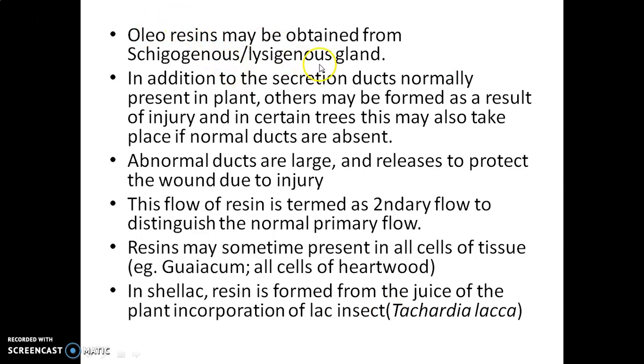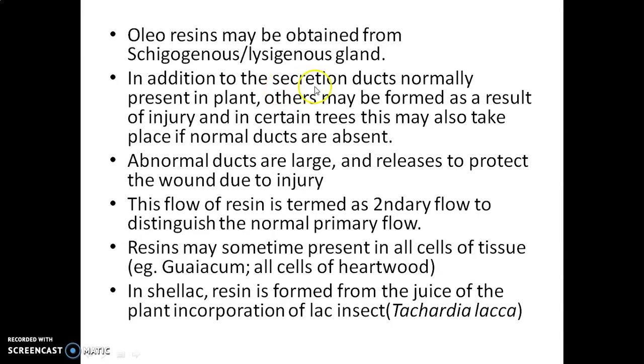Resins may be obtained from the cystigenous and lysigenous glands in different plants, apart from these external and internal cavities. External secretory cells and internal cavities, they are also available in or formed in the cystigenous and lysigenous gland.